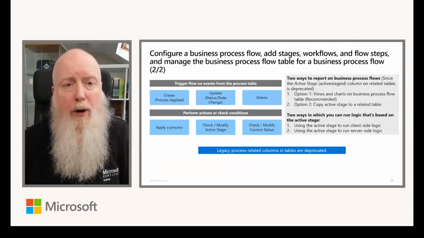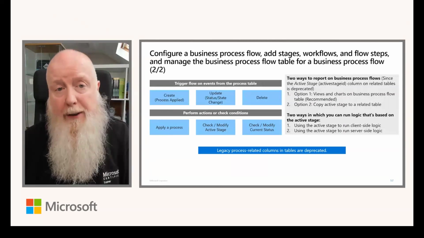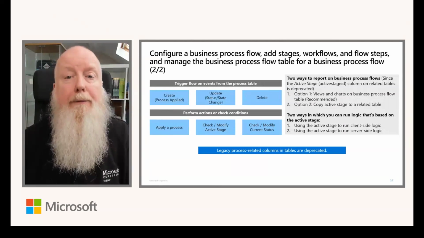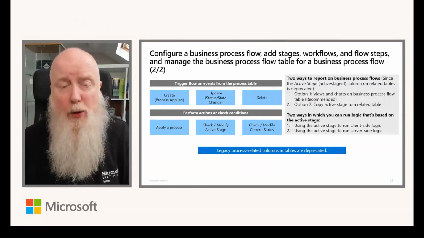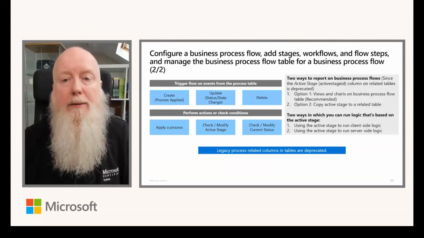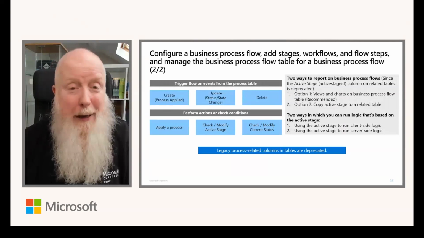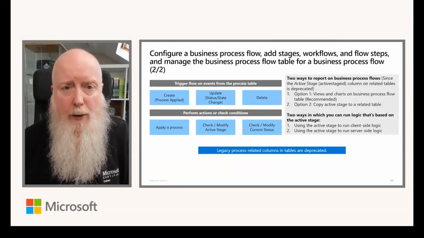You can also run workflows automatically when you start a business process flow or when you finish a business process flow. You can also manipulate stages as well. You can actually change the stages automatically with code, with JavaScript, client-side scripting, or even with Power Automate to change the stages.